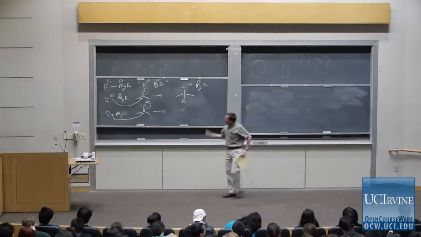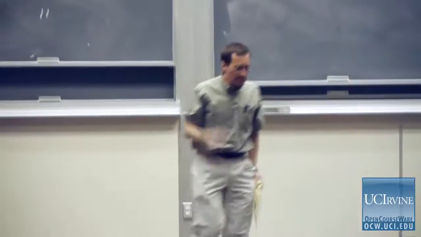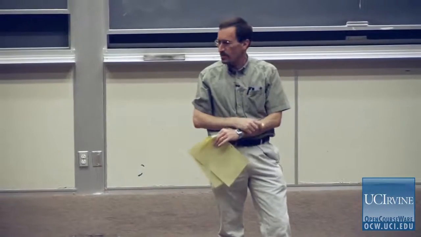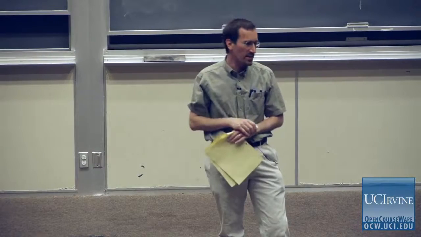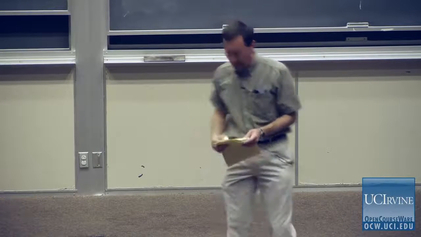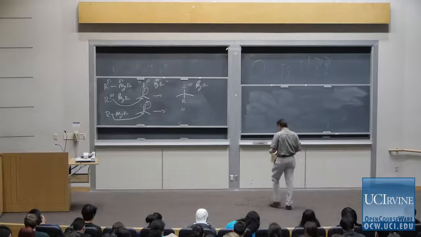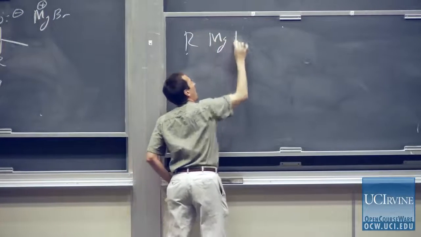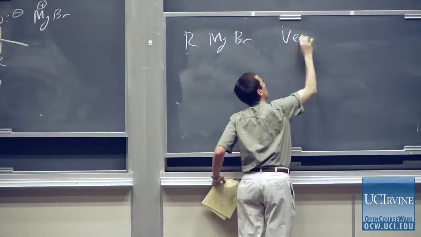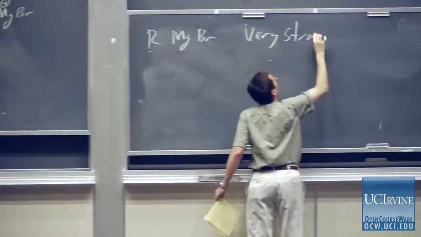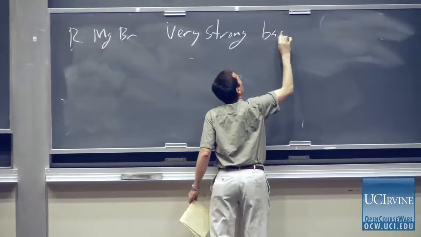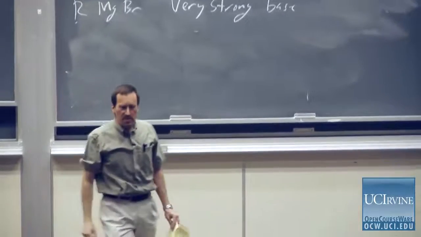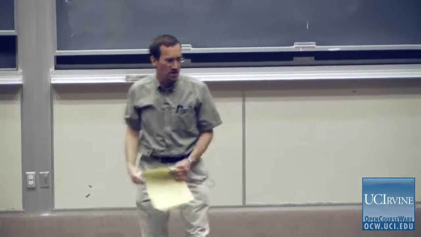So one thing to keep in mind about Grignard reagents, and indeed about most organometallic reagents, particularly ones in which there's a large difference in electronegativity between the carbon and the metal, is that organometallic reagents, like Grignard reagents, in general act as very strong bases. We can think about basicity in terms of the pKa of the conjugate acid.